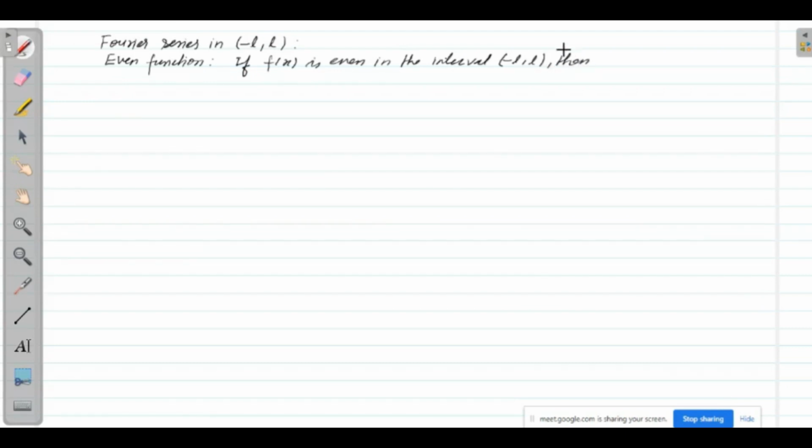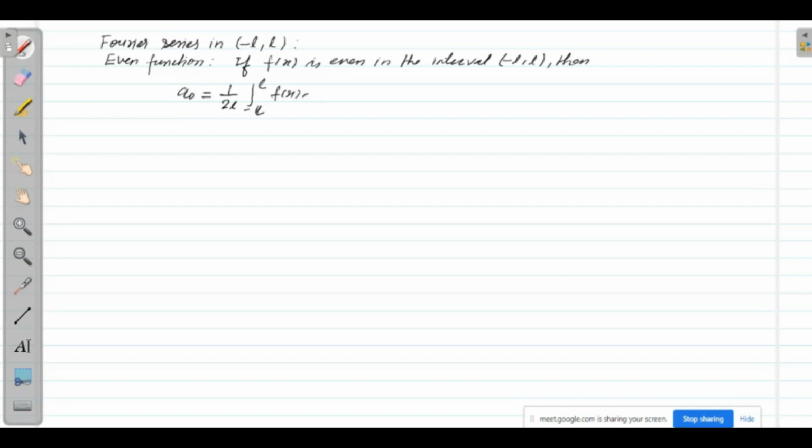then we will have the Fourier coefficient a naught. A naught is equal to 1 upon 2L integration of limit minus L to L f of x dx.